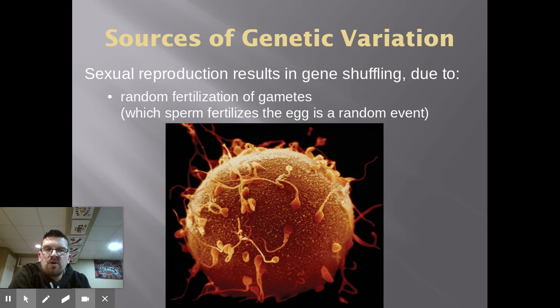So the first idea that I think you can appreciate is the fact that there are a tremendous amount of sperm that are released when fertilization is taking place. And so which sperm actually gets to fertilize the egg is random. None of them are pre-programmed to win, if you will, this race. So there's some randomness there. So the random fertilization of gametes is what we call that.